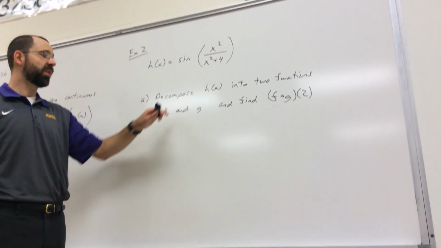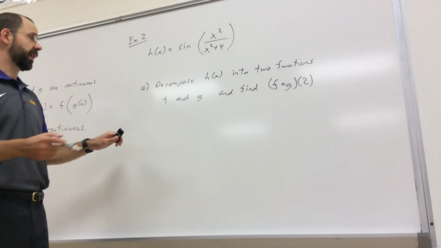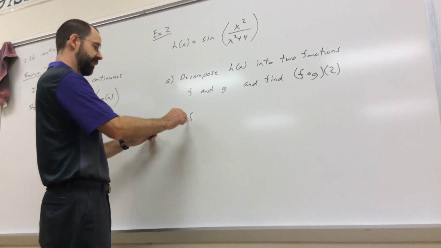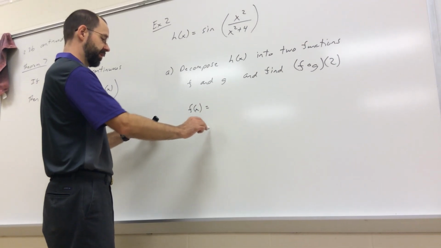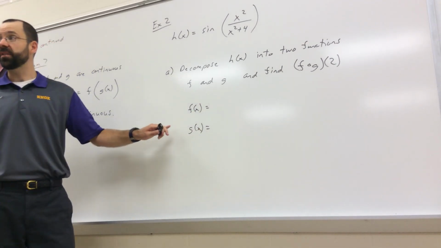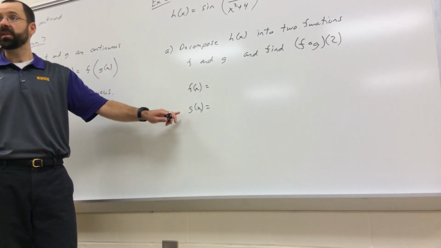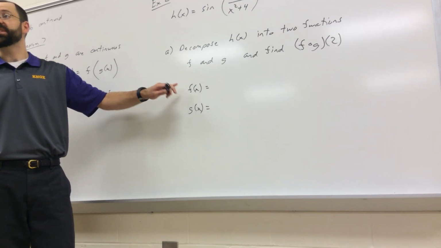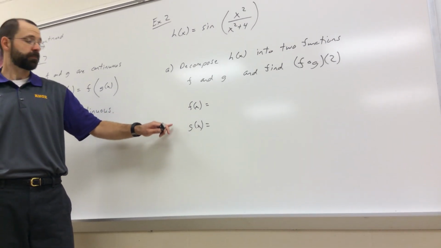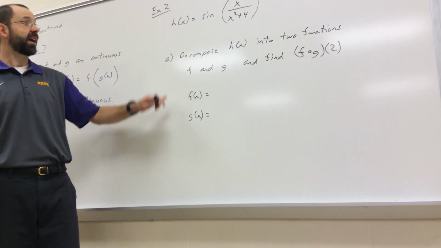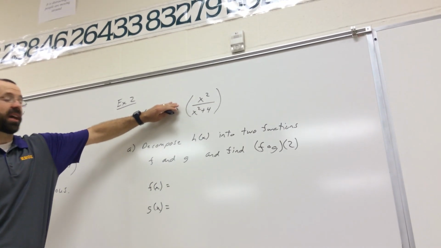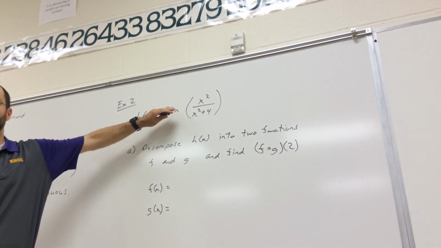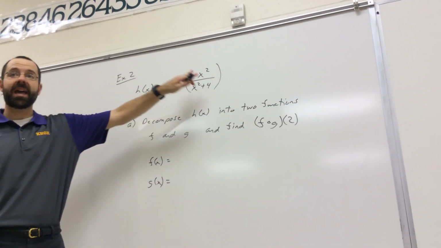Okay, so if we're going to decompose it into two functions, that means we need to pick an f of x, and we also need to pick a g of x. And g of x is the inside function, and f of x is the outside function. Okay, so if I look at this function h, I think inside is x squared over x squared plus 4, and then sine is happening to that.